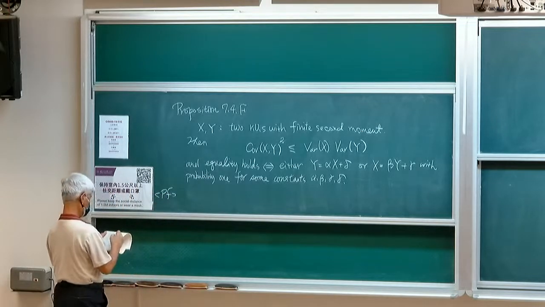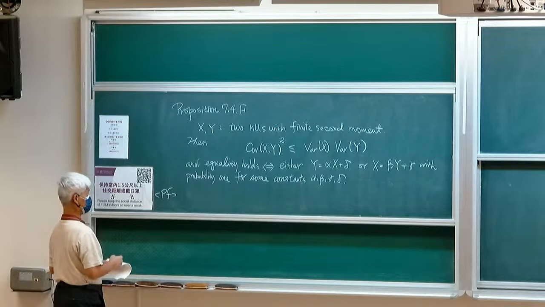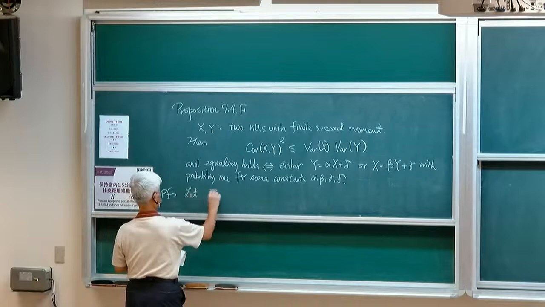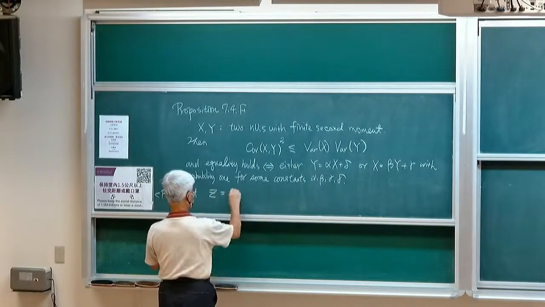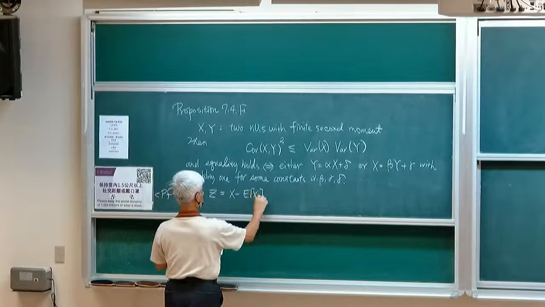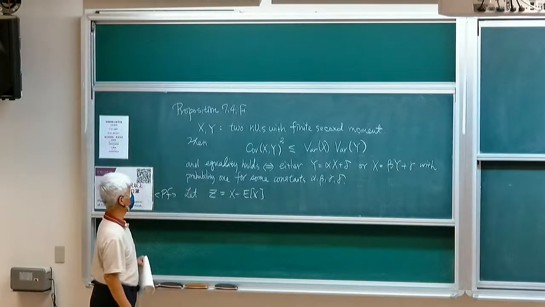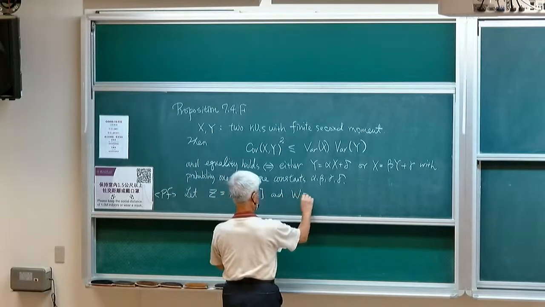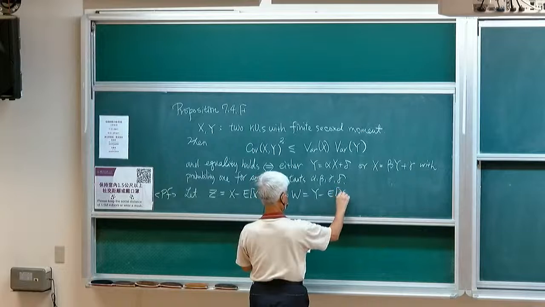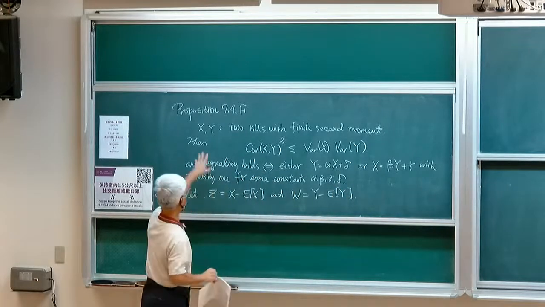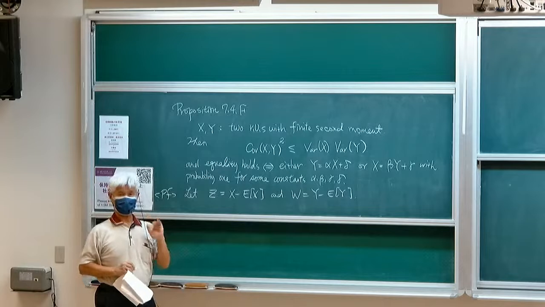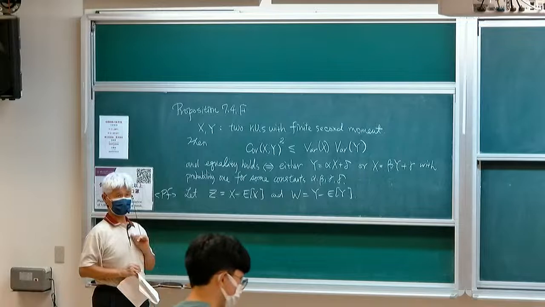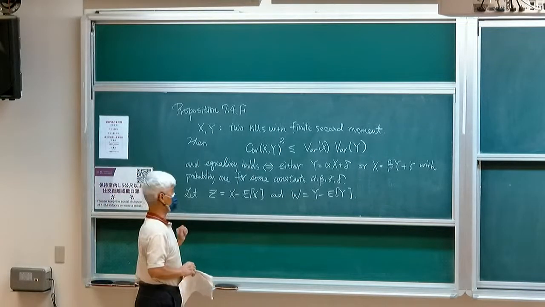So this is actually a direct application of Schwarz's inequality. We let Z equal X minus the expectation of X, and W to be Y minus the expectation of Y. Because X and Y have finite second moment, they have finite first moment, as we have shown before.